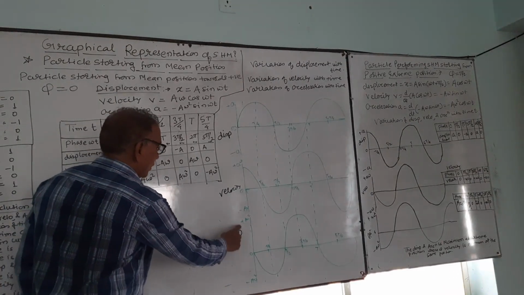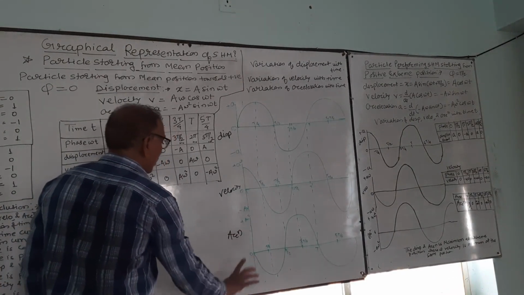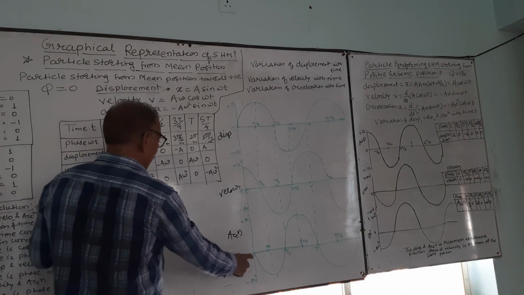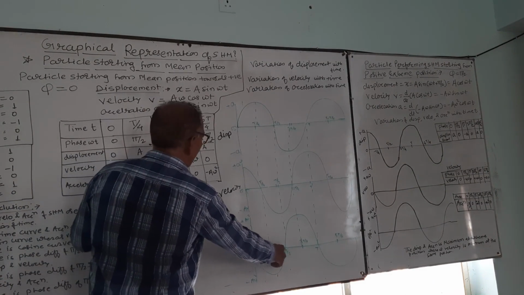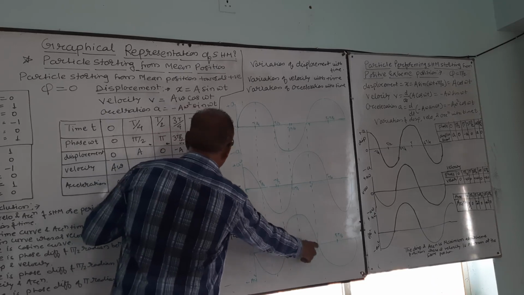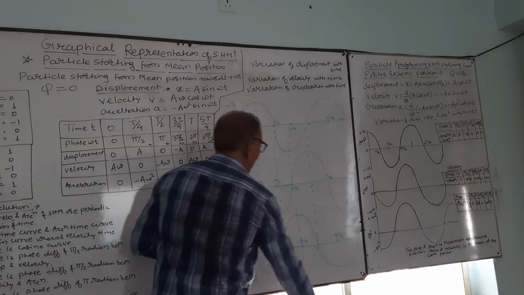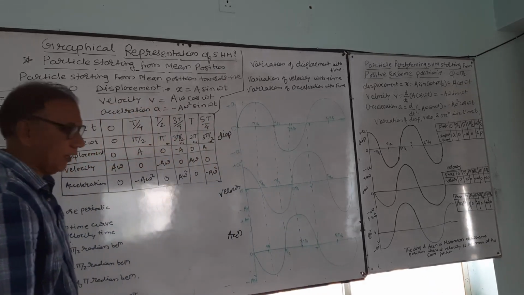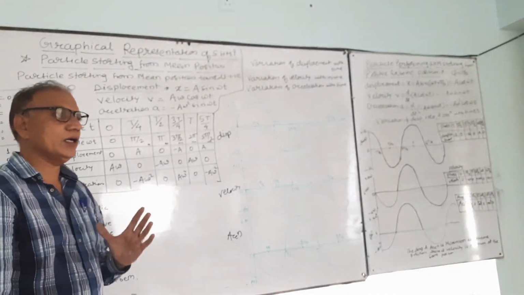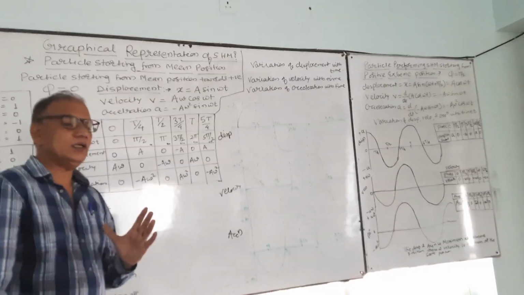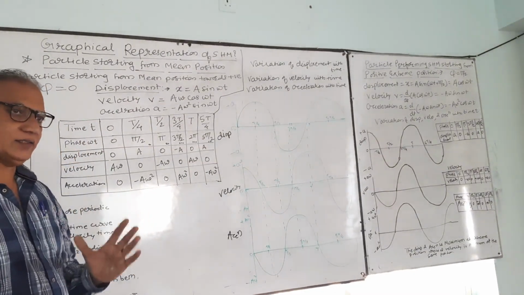The values are 0, minus a omega square, 0, plus a omega square, 0, and finally minus a omega square. These are the three different graphs for velocity, displacement and acceleration.